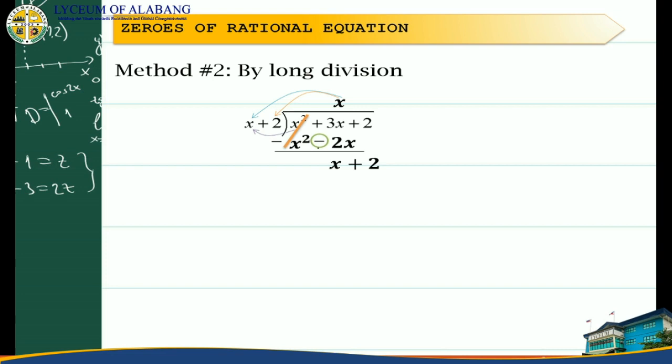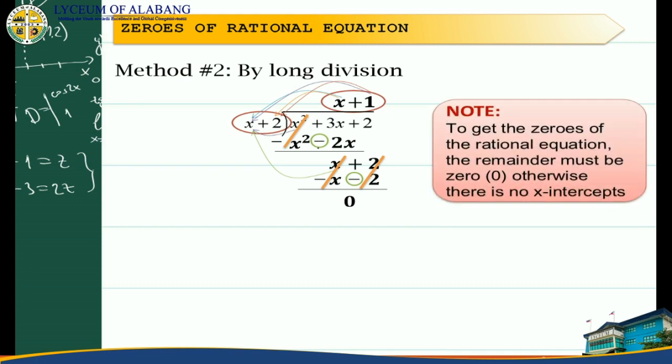Bring down 2. Then, x divide x is equal to 1. 1 times x is equal to x. 1 times 2 is equal to 2. X minus x cancel. 2 minus 2 cancel. Remainder 0. Therefore, the zeros of this equation are x plus 1 and x plus 2.